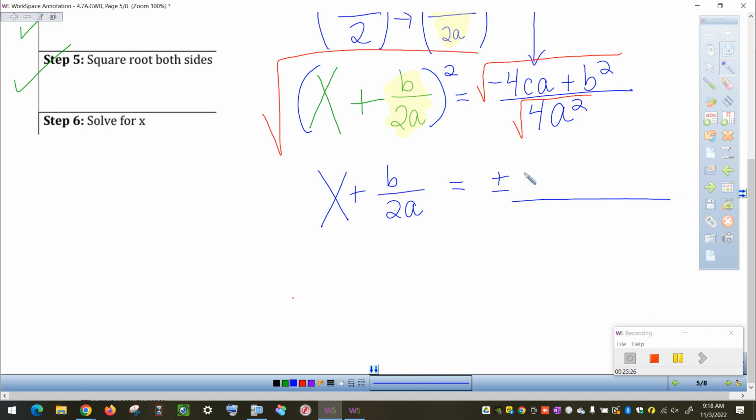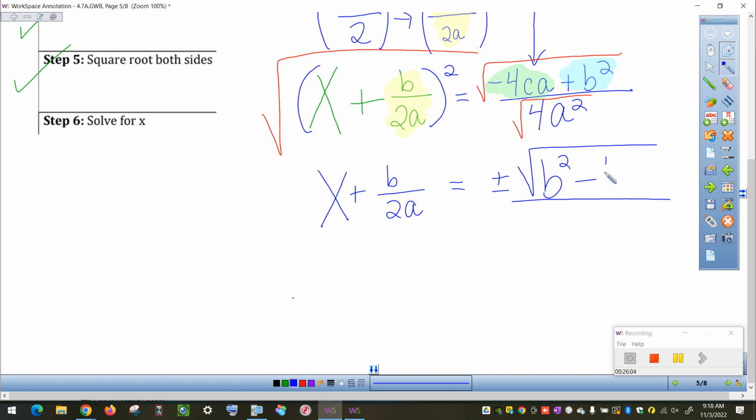Now, to make this look a little bit more like the quadratic formula, we're going to rearrange a few things. For example, instead of putting that positive b squared at the end, we're going to move that to the front. And the minus 4 times c times a is going to move to the back.